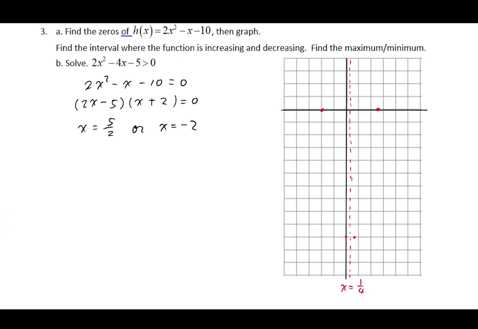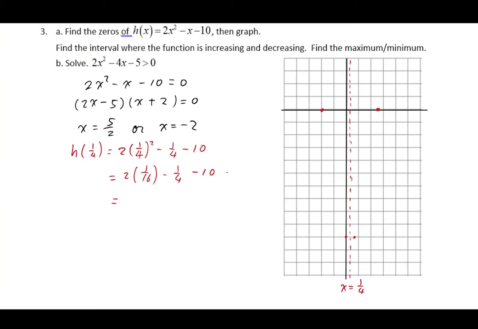Now, let's calculate the vertex. The way you want to calculate the vertex, we have no other choice but plugging in h of 1/4. 1/4 for x. So we have 2 times 1/4 squared minus 1/4 minus 10. My pen is not working. Okay, that happens to be 2 times 1/16 and minus 1/4 minus 10.